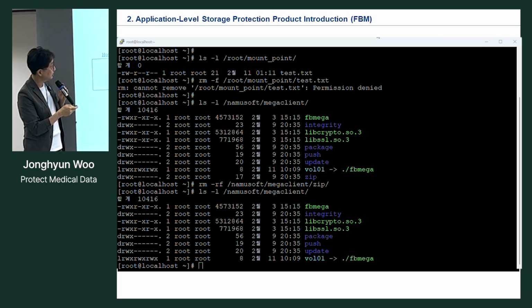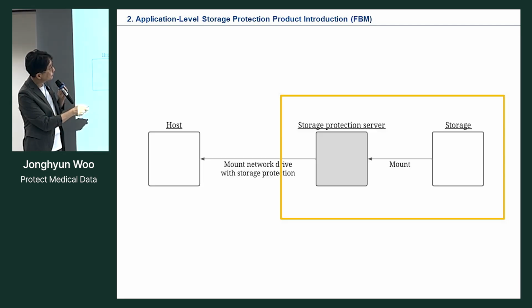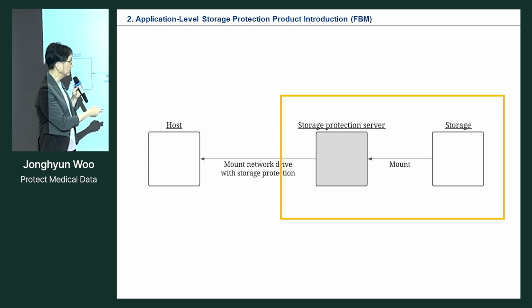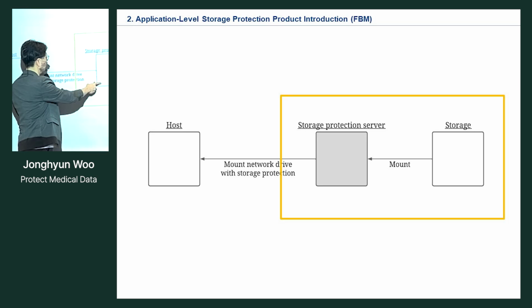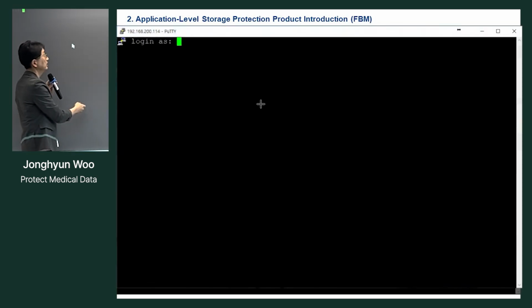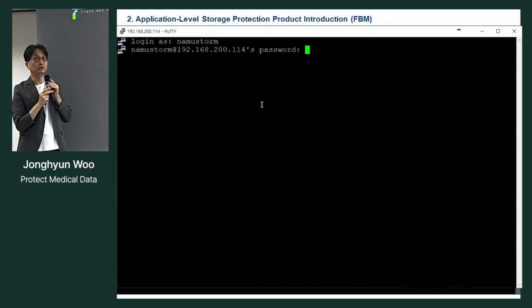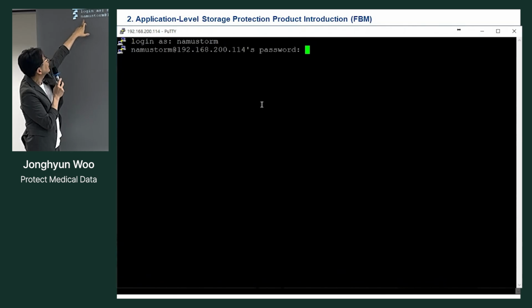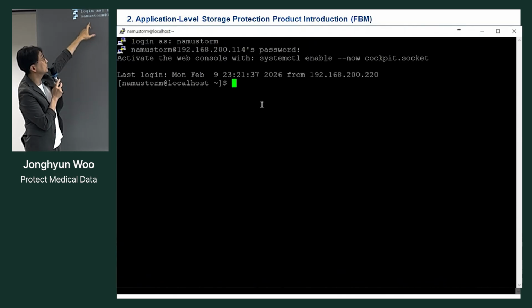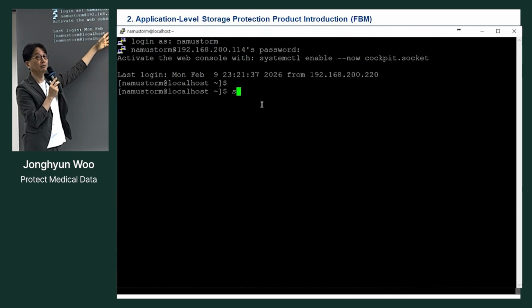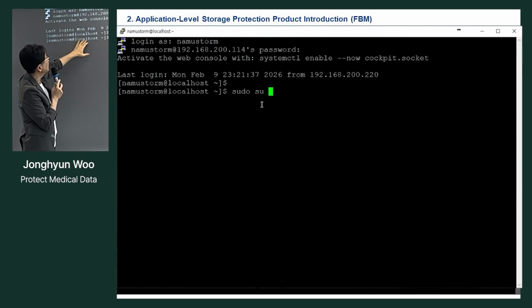And then, what if the hacker already knows the root account? Even though they try to run any command as root, as you can see, it does not work. I directly connected to the storage protection server. I logged on because I know everything about you.